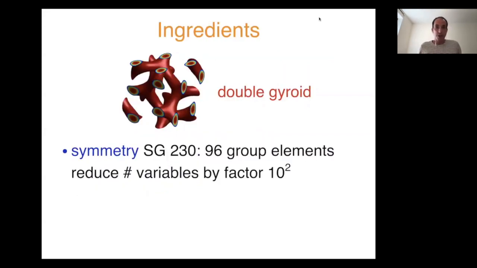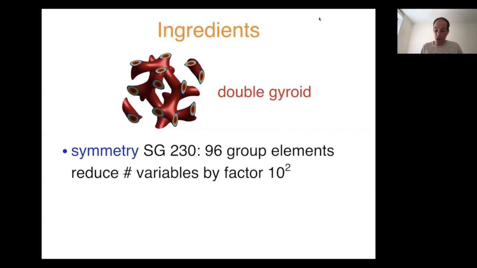Okay, so what goes into the 3D computations that does not really appear so much in what we did before in 2D? The solutions have a lot of symmetry. For example, this double gyroid that you see here, it's called double gyroid because a level set has two connected components that are interlinked.